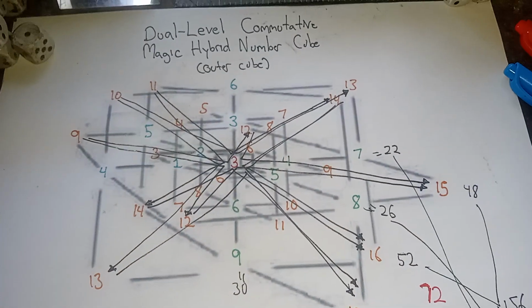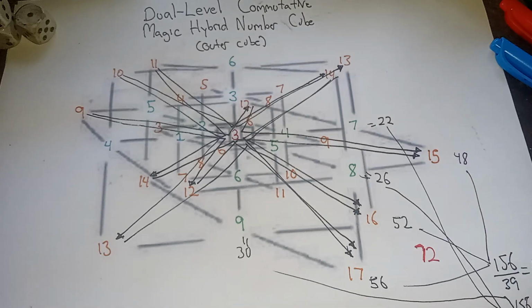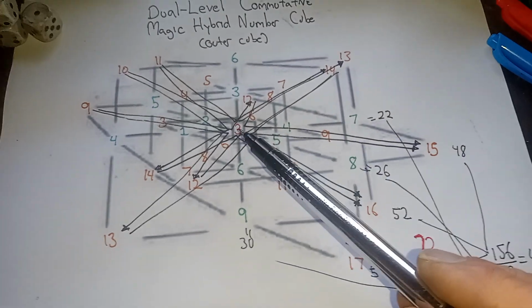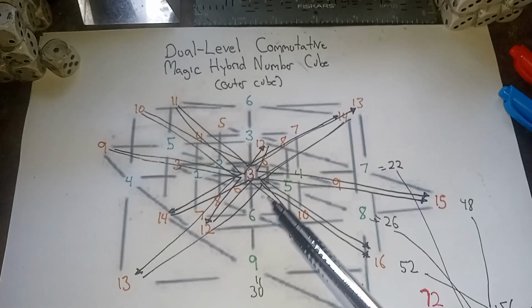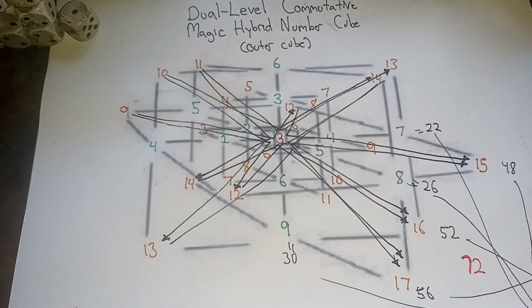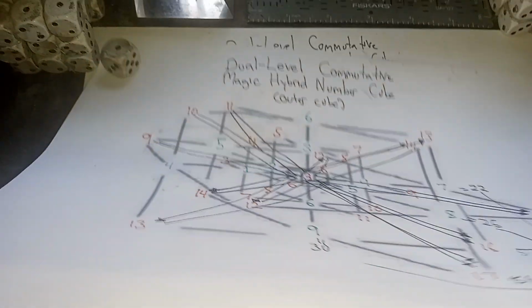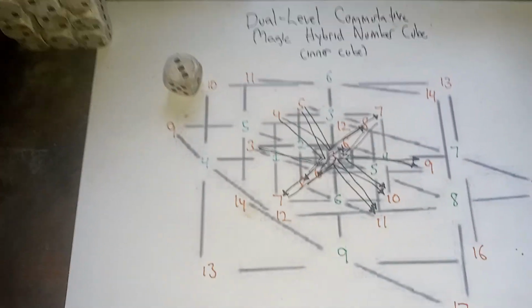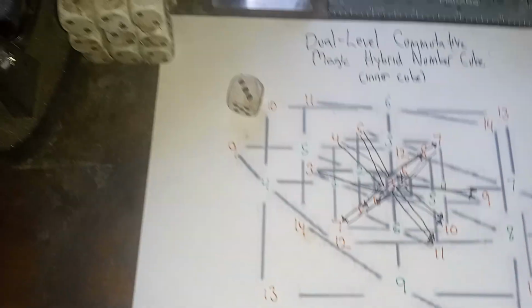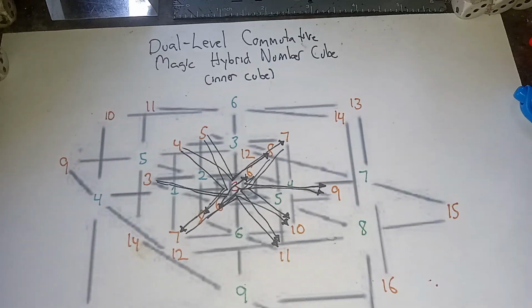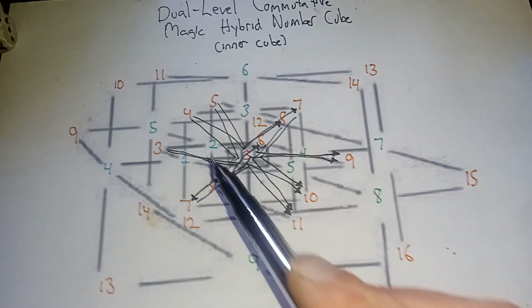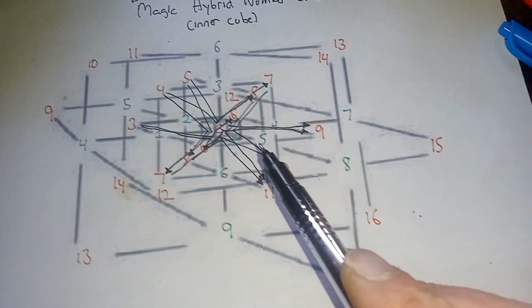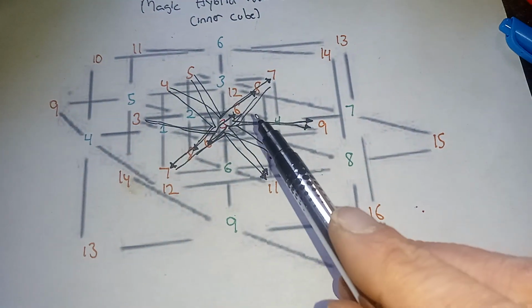This is the dual level commutative magic hybrid number cube. I should have put this first, sorry about that. I already showed that you can do it with the inner primary numbers or inner secondary numbers.